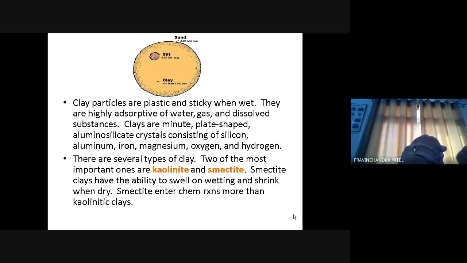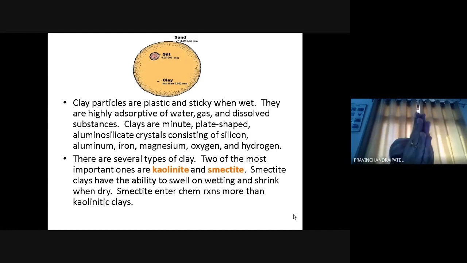You know that when there is a crack, suppose you are sowing the seeds of maize or other crops, then you irrigate the crop. Then the soil is wet and germination has started. But when your soil dries, there will be crack formation.